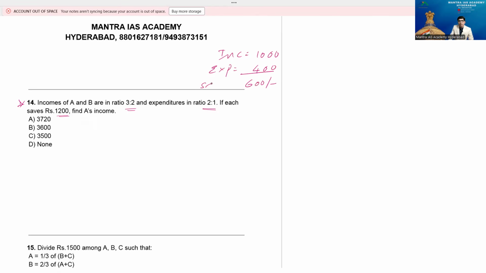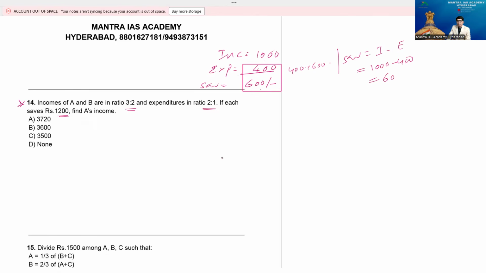This 600 is called my savings. So even if you know the expenses and savings, you will definitely get income: 400 plus 600 gives you income. Or else, if you know income and expenses, you will find saving. That is, saving is equal to income minus expenditure, implies 1000 minus 400.